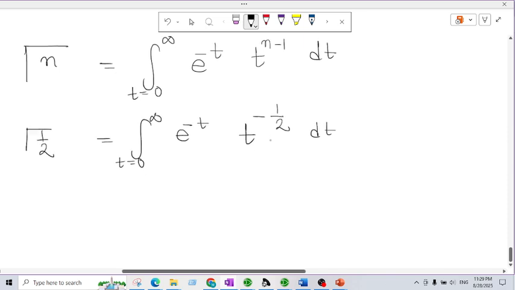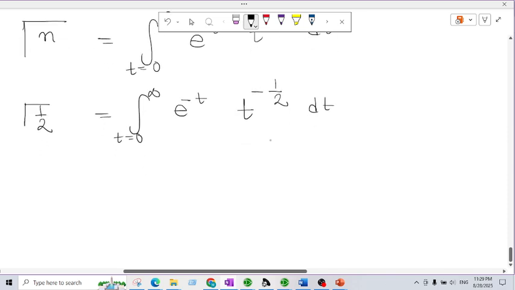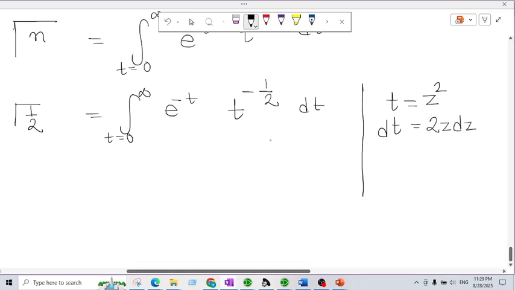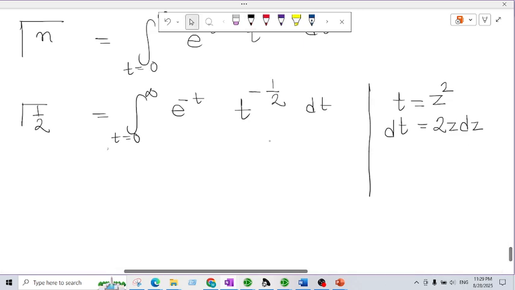Now we have to find the value of this integration. So let's see what happens. First of all, I will choose that t is equal to z square, and if I take the differential, I will get dt equal to 2z dz. Now let's put the value of t here. Instead of t, let's write minus z square.